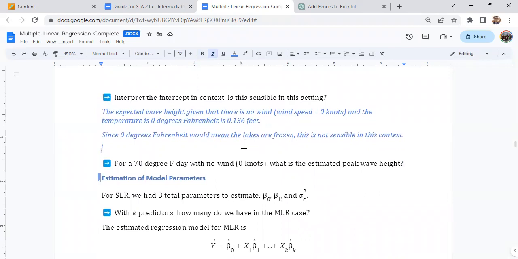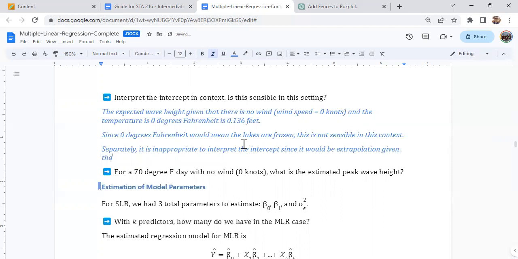So note that for multiple linear regression, you need all the x's to be within the range of the observed data.